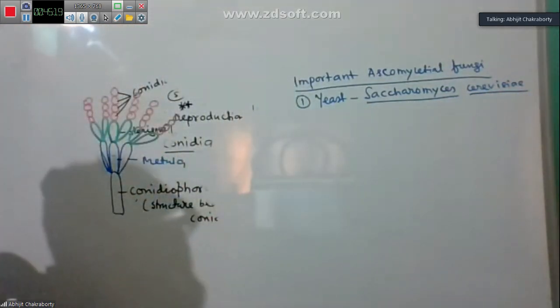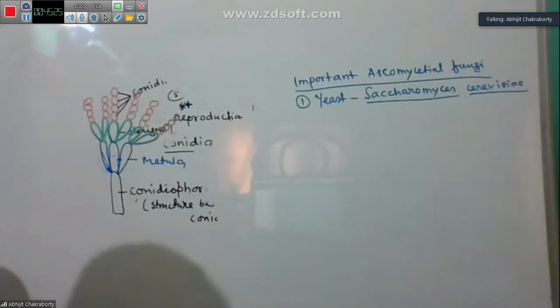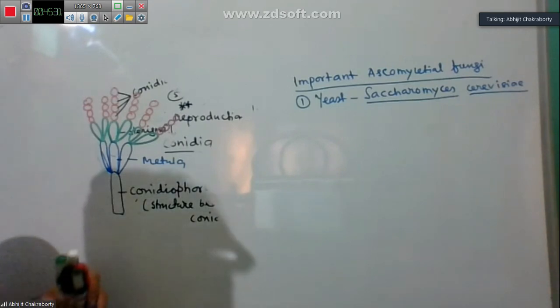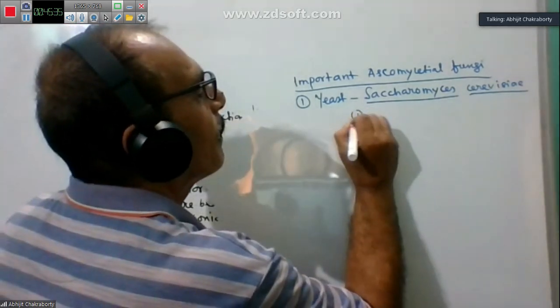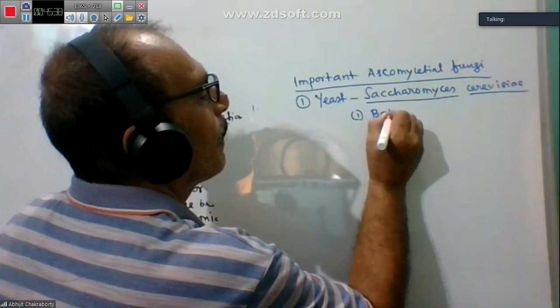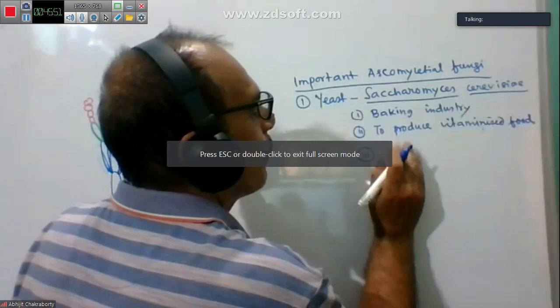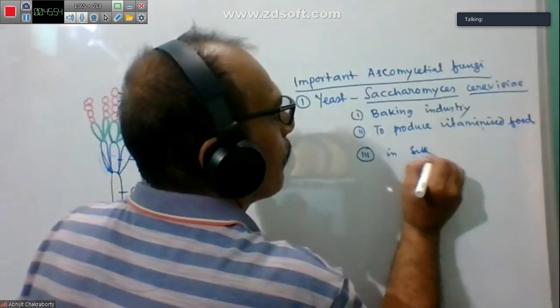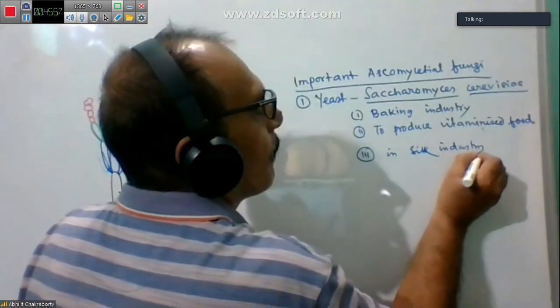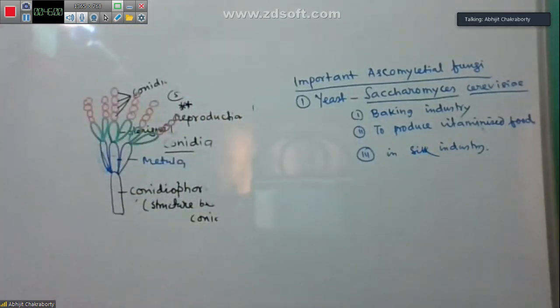Saccharomyces cerevisiae. It is useful in many purposes: baking industry, to produce vitaminized food, silk industry, and lastly, brewing industry.